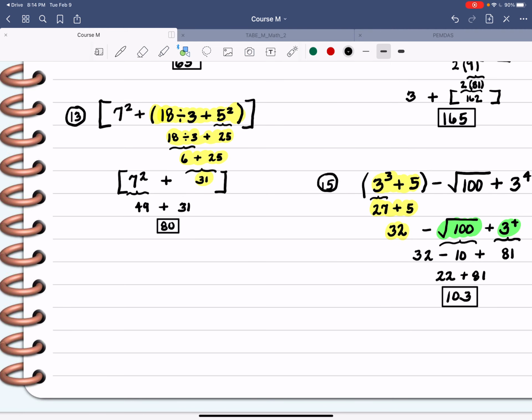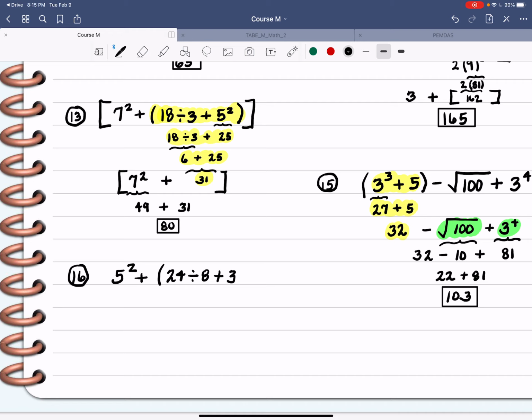And finally, I think I can squeeze number 16 in right here. We have 5 squared plus parentheses 24 divided by 8. Oops, I didn't mean to close, sorry.